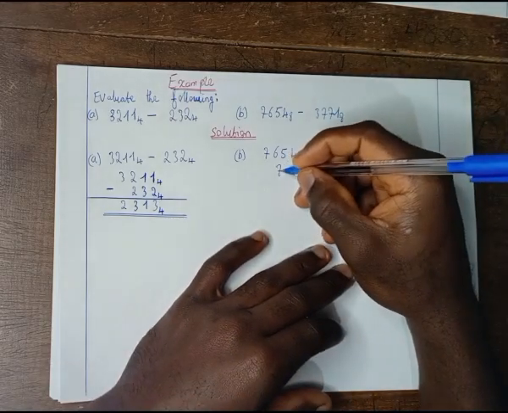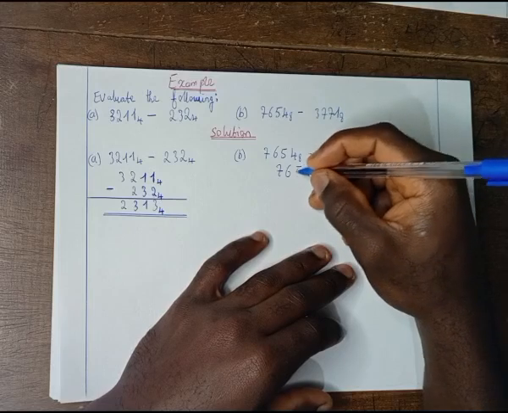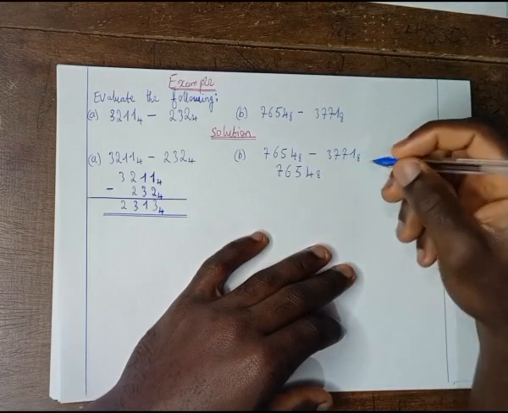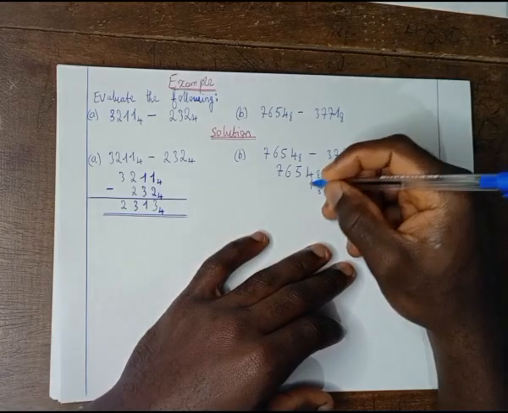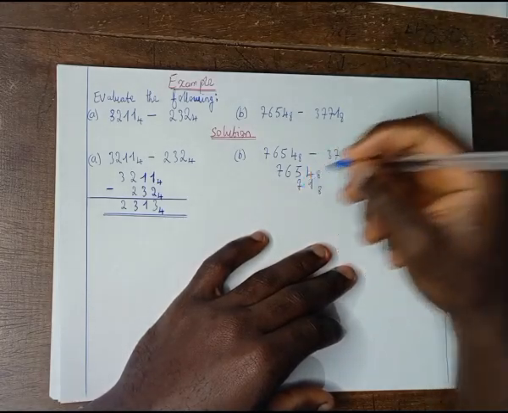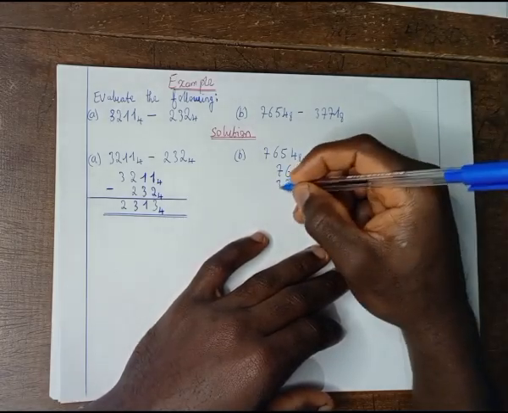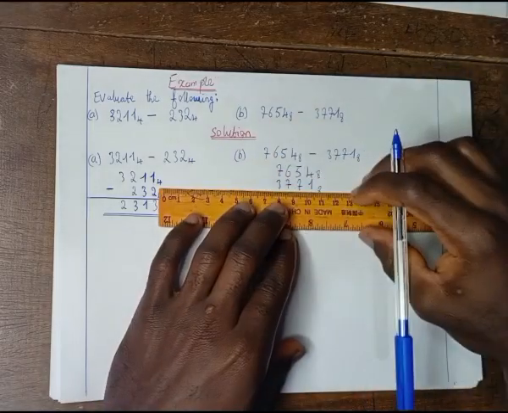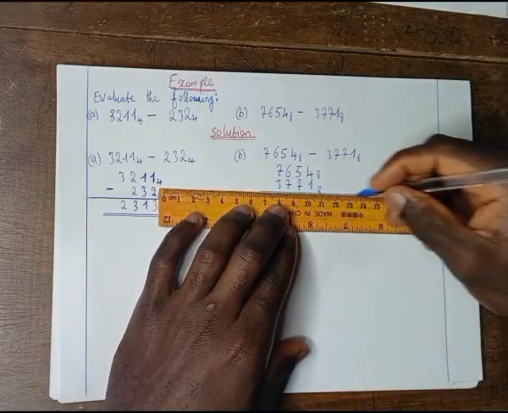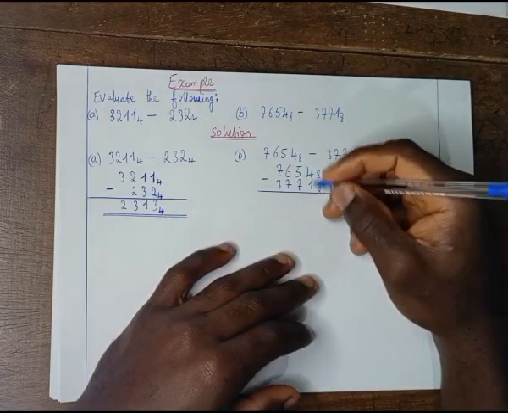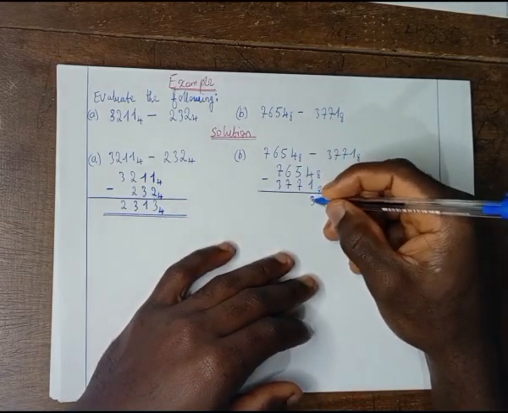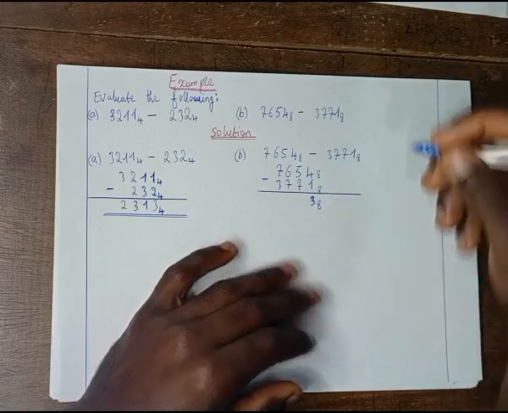First thing, we need to arrange the digits of the two numbers such that the bases are vertically aligned. 8 has to be here, the base 1 here, 7, 7, 3. Then draw a horizontal line. Then we put the subtraction sign. 4 minus 1 gives us 3. Write 3, then we bring the base.